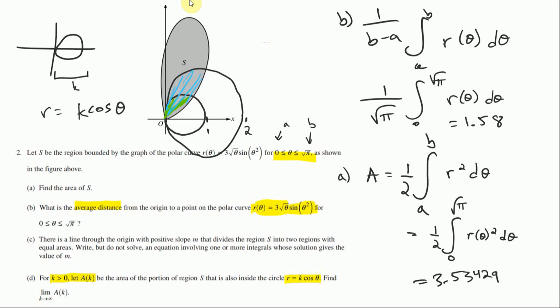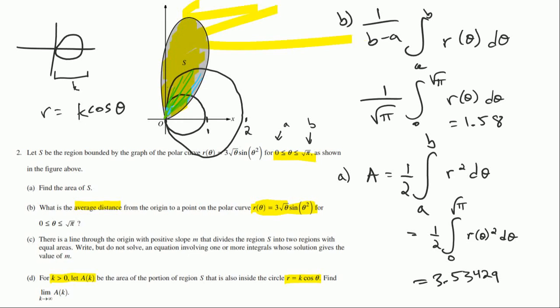We're drawing a really big circle, leaving the page, maybe it's going to come back around here. That would encompass the entirety of this area.